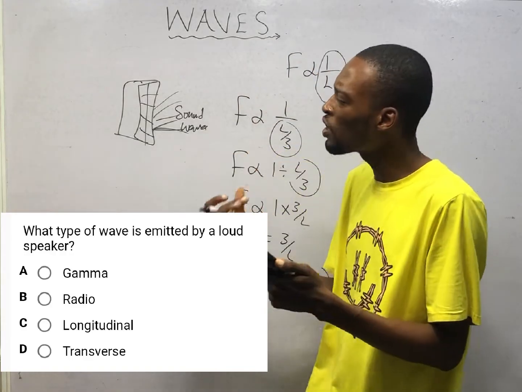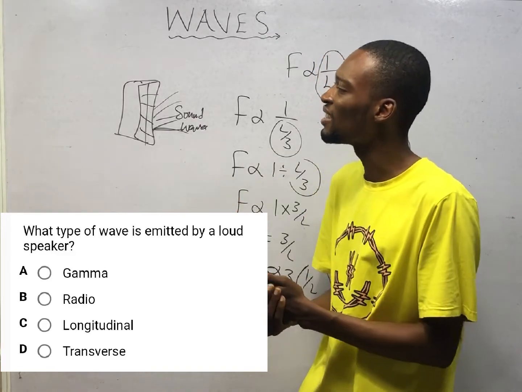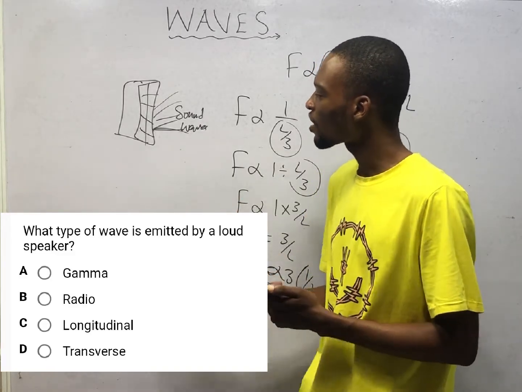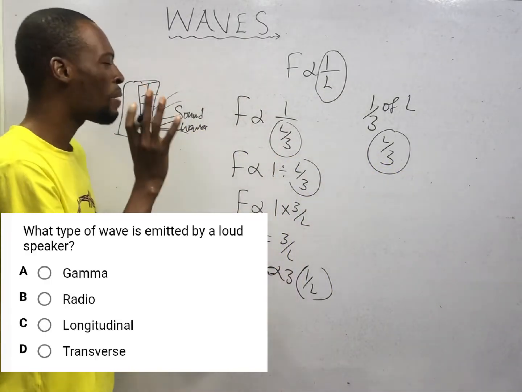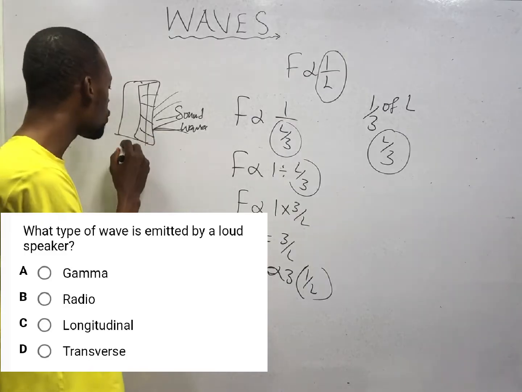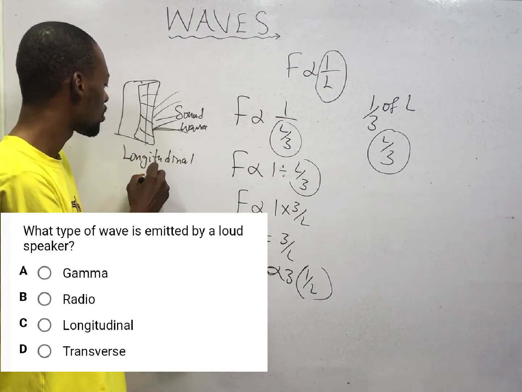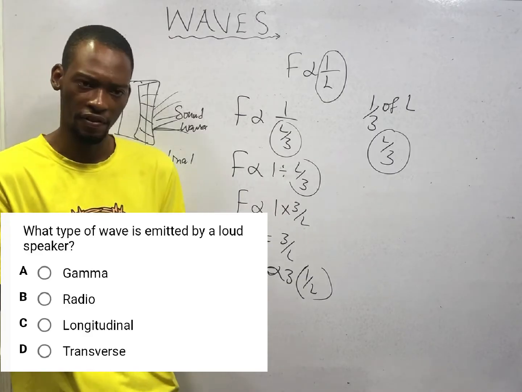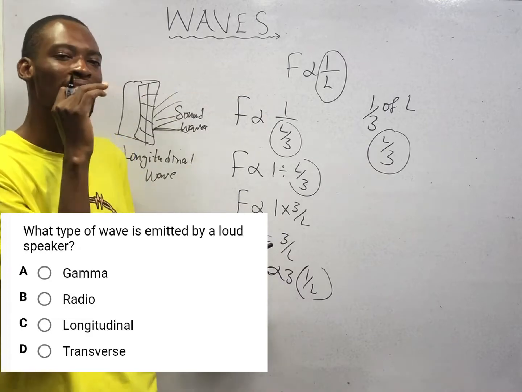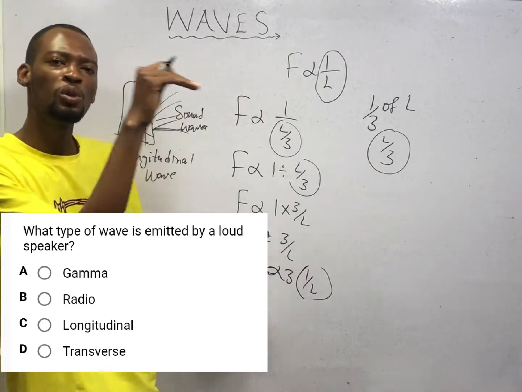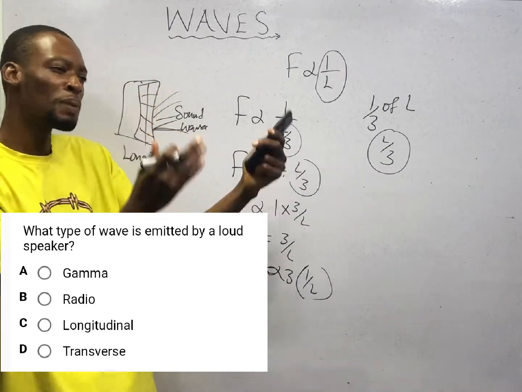Now, is sound wave a gamma ray? Is it a radio wave? Is it a longitudinal wave? Is it a transverse wave? I have explained this more than once. A perfect example of a longitudinal wave is sound wave. When I say hello, the wave moves the air particles to and fro, to and fro. So they are moving parallel to the direction of the waves, not perpendicular.